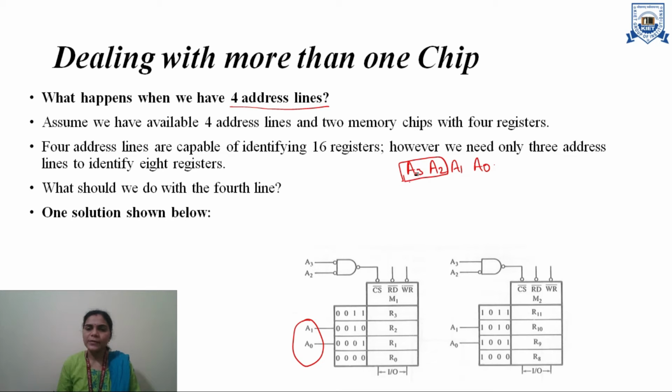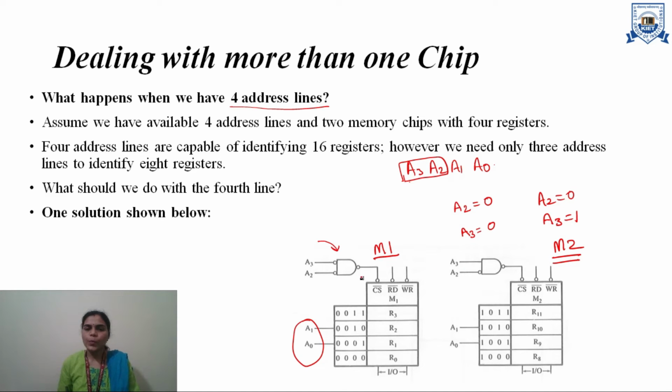One of the combinations can be used, in this case, where both chips will be selected when A2 is 0. If A3 is 0, then chip M1 will be selected. If A3 is 1, then chip M2 will be selected.